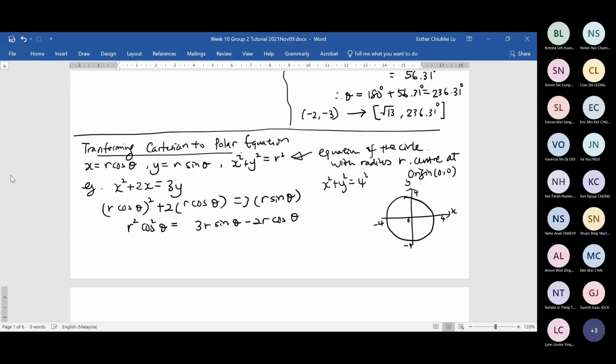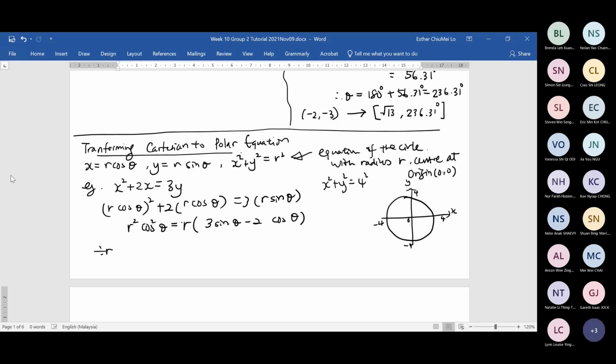Now here I can take out the common factor r. You might want to write another line, I just want to save space here. Here this is r squared and then we get r, then we can cancel off 1r, or we can say divide both sides of the equation by r.